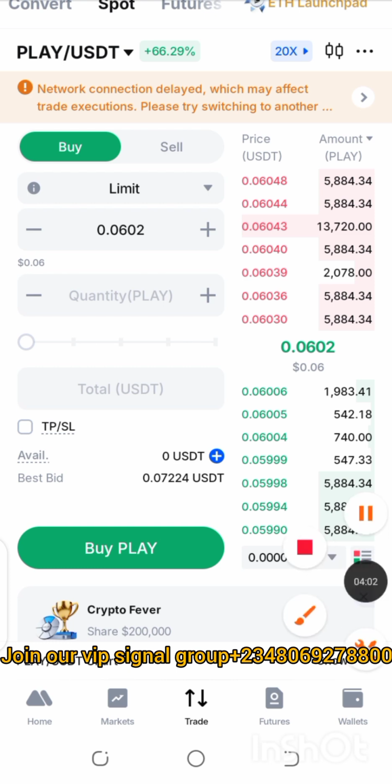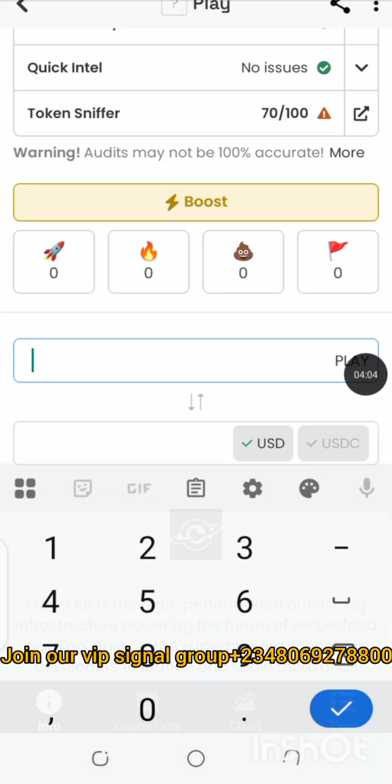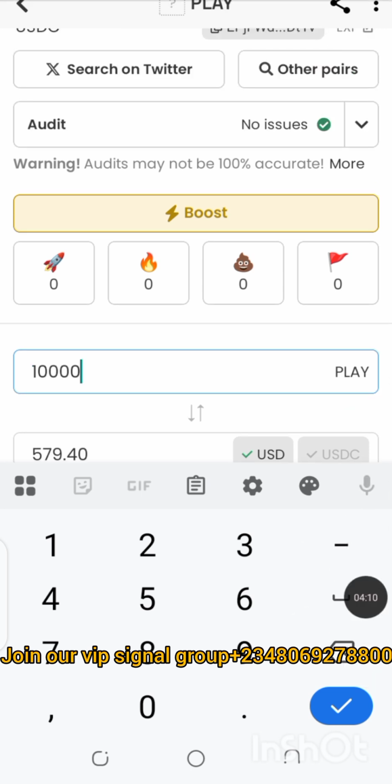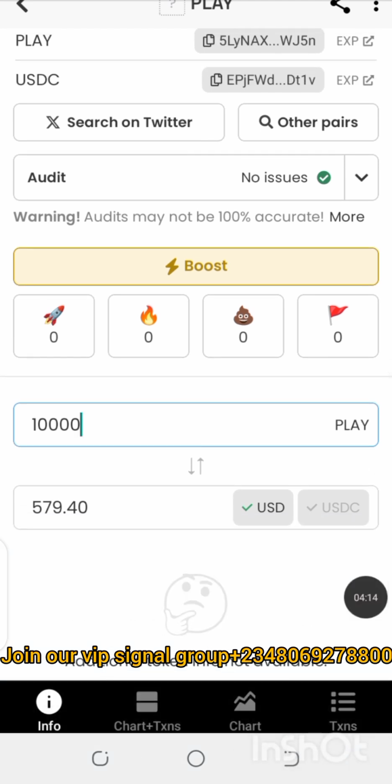Now let's go back to that particular place. This is MEXC, where you find that coin. If you come over to DexScreener and buy 10,000 pieces of this Play, look at what you are going to buy it with: 579.40 USDT.